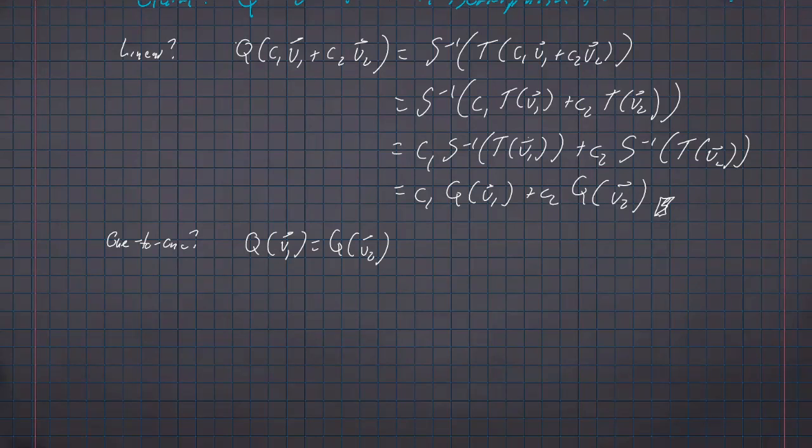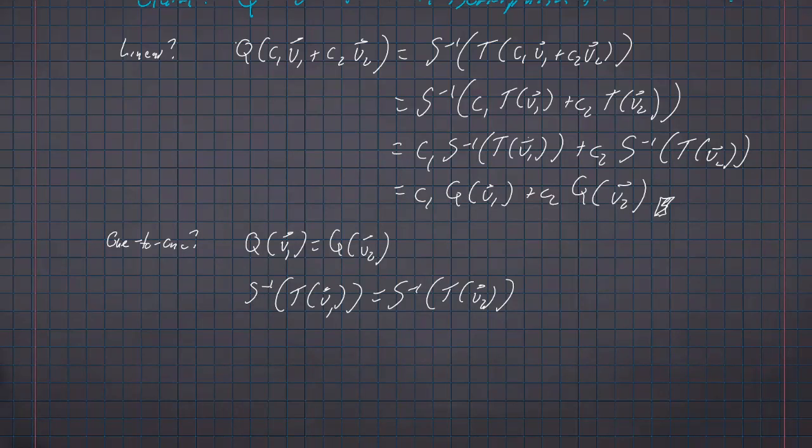Well, if Q of V1 is equal to Q of V2, then that's the same thing as saying that S inverse of T of V1 is equal to S inverse of T of V2. And since S inverse is an isomorphism, it's one-to-one.